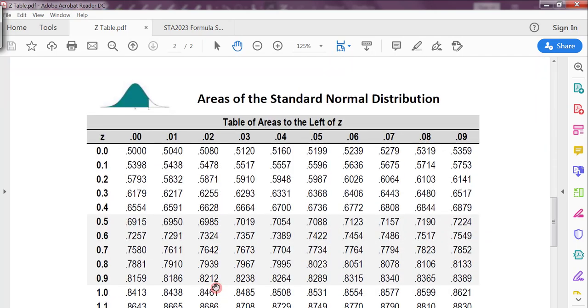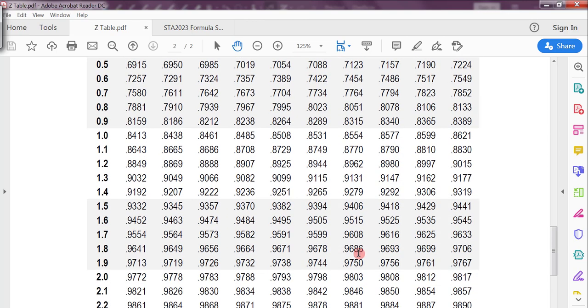So we're going to find 0.9 or a value as close to 0.9 as we can get. Looking in here, I go from 0.89 to 0.9. Which of these two values is the closest? It's going to be this one right here.